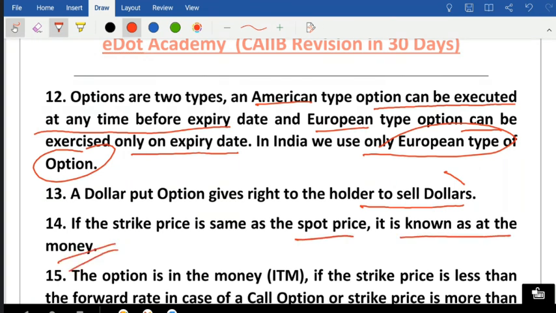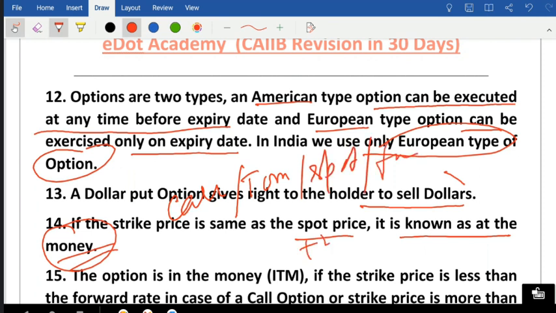That means if spot price and strike price are both matching, then we'll say it is at the money. Just remember, cash, tom, spot and forward are there. So this is called at the money.